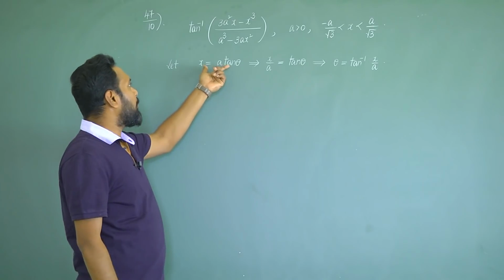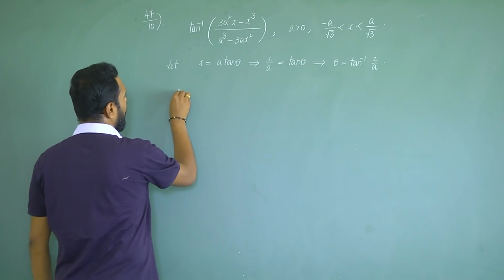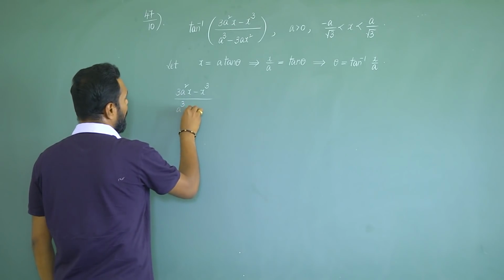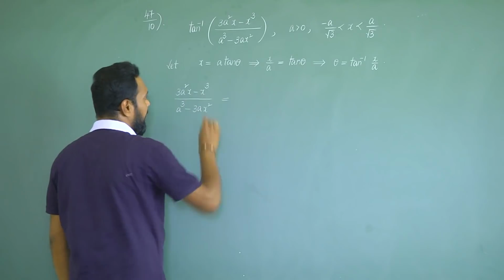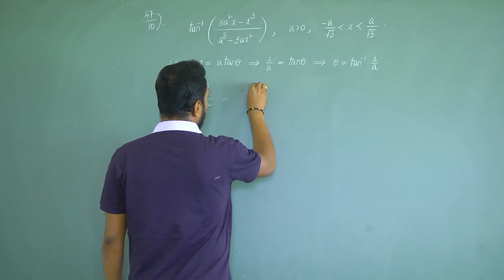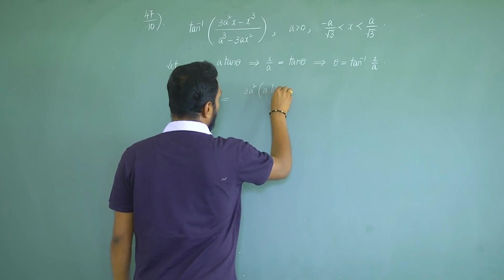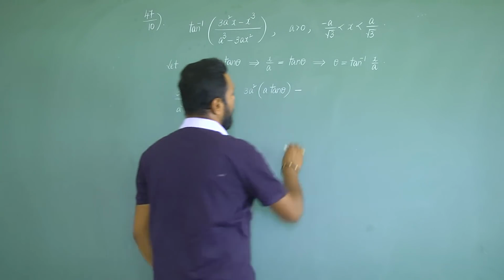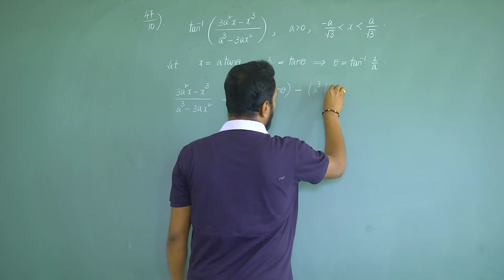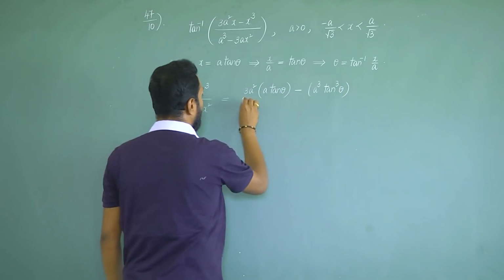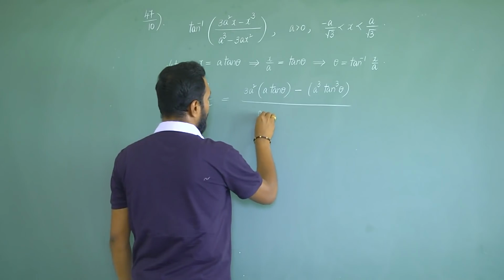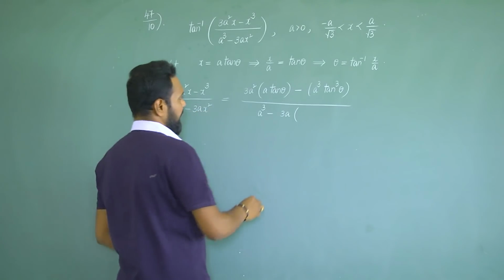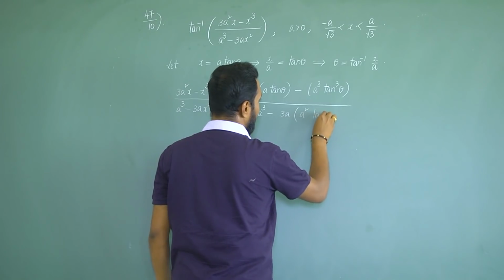Now, if I substitute this in (3a square x minus x cube) divided by (a cube minus 3a x square), it equals 3a square into a tan theta minus a cube tan cube theta, divided by a cube minus 3a into a square tan square theta.